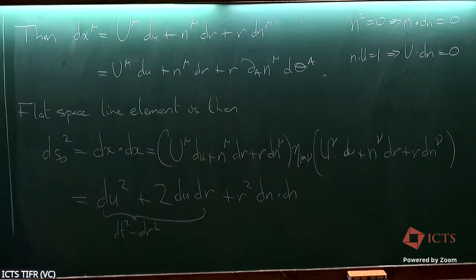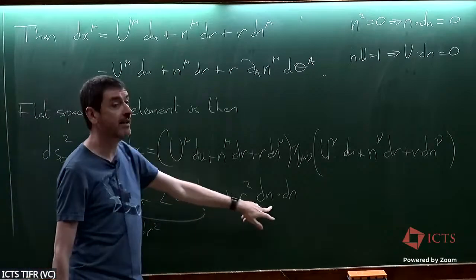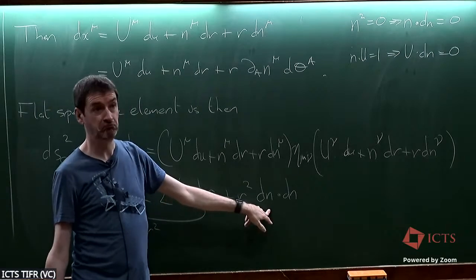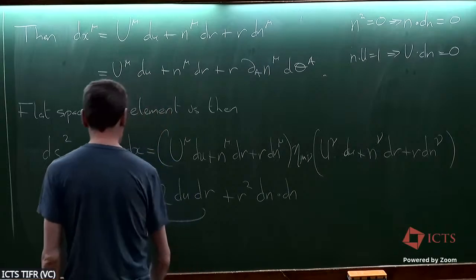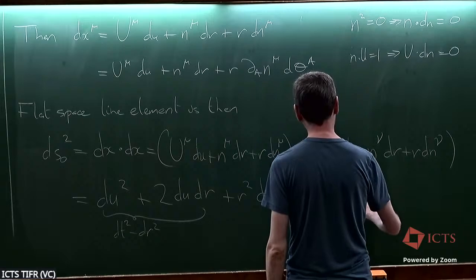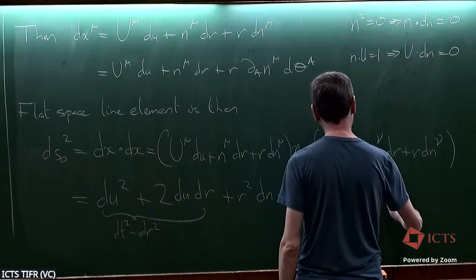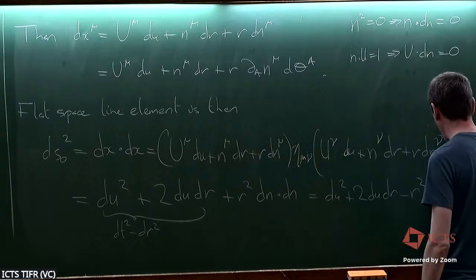So if you just switch to t rather than u, you'll find you get the normal dt squared minus dr squared out of this. So this term here then is the metric on the two-sphere. So this is equal to minus because of the mostly minus metric.